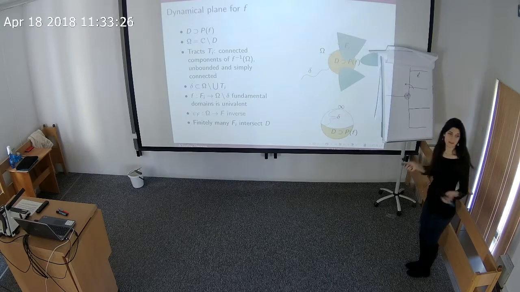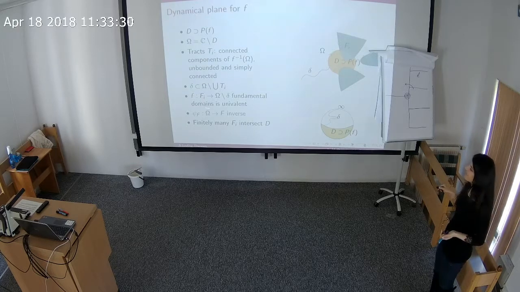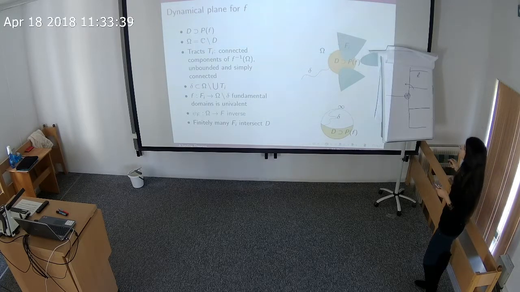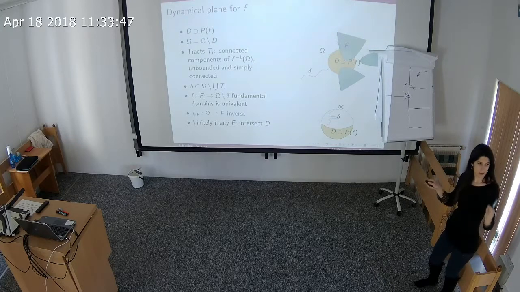What does it mean that it maps one-to-one? It means that for every fundamental domain, I can define an inverse branch, which is univalent on this omega, on this complement of the disk minus delta. And another thing which is not hard to prove is that only finitely many of these fundamental domains can intersect the disk, essentially because preimages of points cannot accumulate in any compact set.